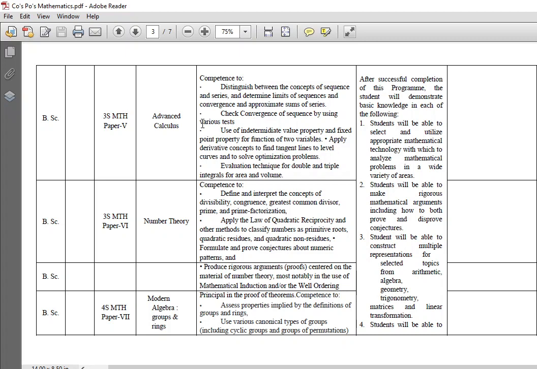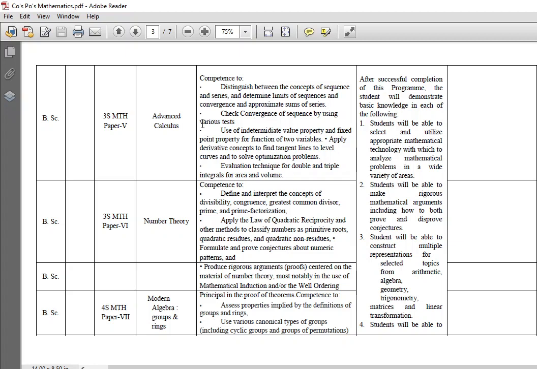After studying this paper, you are able to distinguish between the concepts of sequence and series, as you also have sequence and series in the 11th science class. So you can distinguish between the concepts of sequence and series and determine limits of the sequence and convergence and approximate sums of the series.